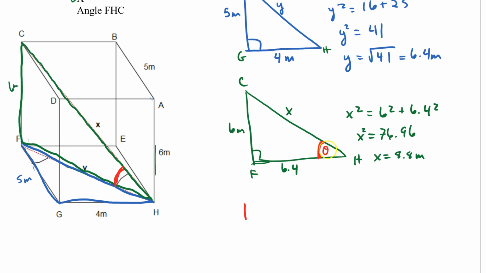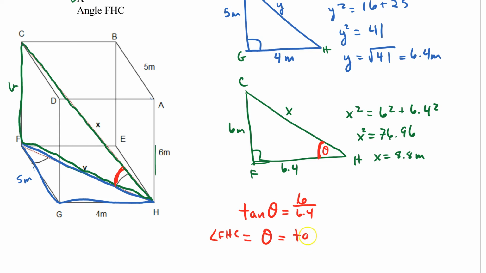And if I call this theta, so if I say tan theta equals opposite, which is 6, over 6.4, which is my adjacent, I'm going to say that angle theta, or I can also say angle FHC, that's just a shorthand for angle, okay?